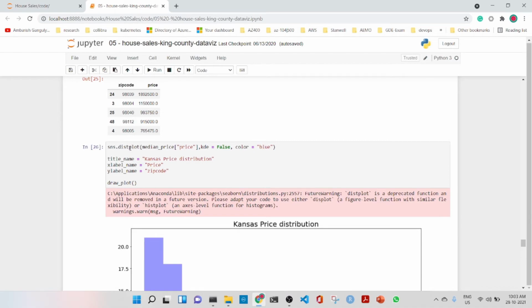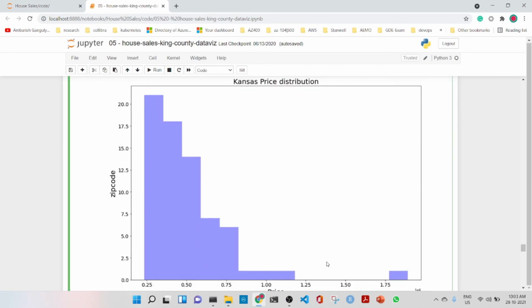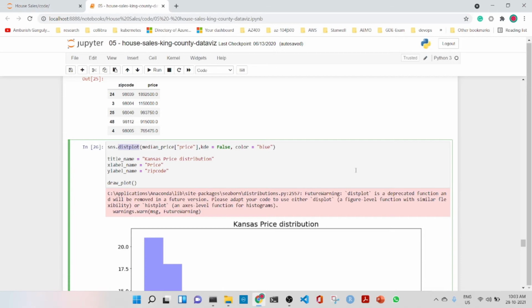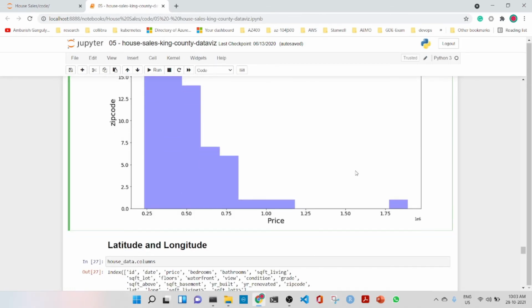And here we are getting a dist plot, that is a histogram is being presented. So we are getting the price and the zip code in this region. So in this way it is very easy to see the distribution of the prices.